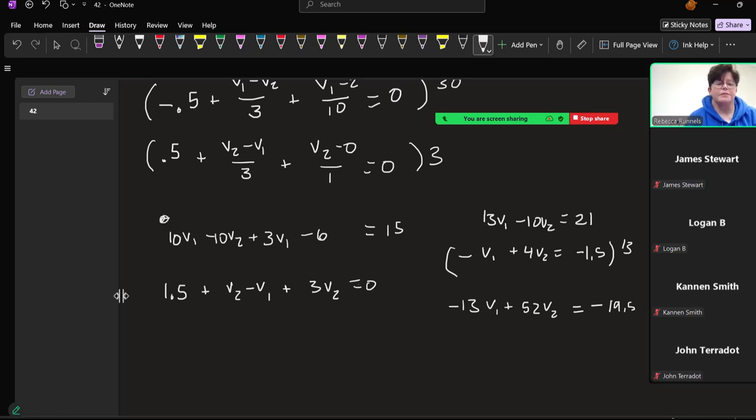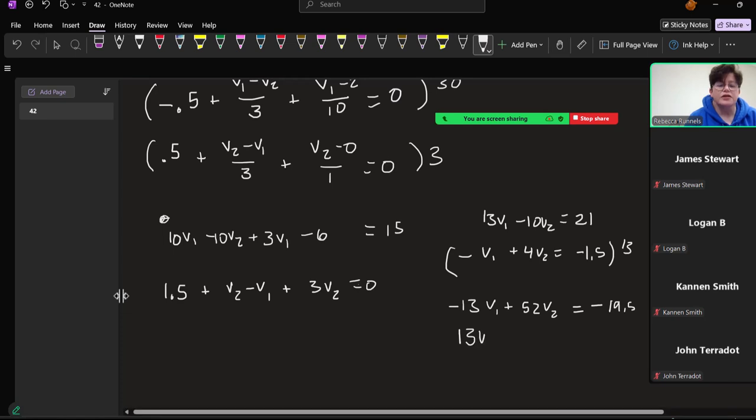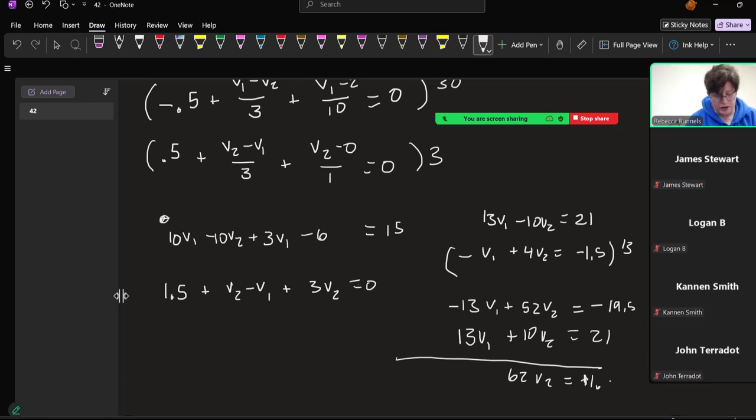Okay, and then my top equation was 13V1 minus 10V2 equals 21. Add these together and I get 62V2 equals positive 1.5. I should be able to do that without making a mistake.